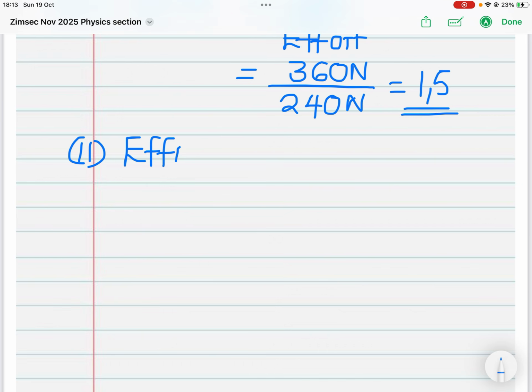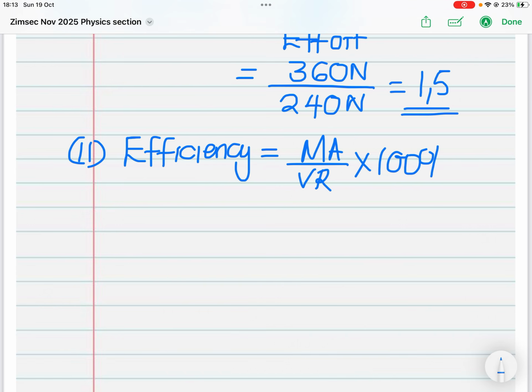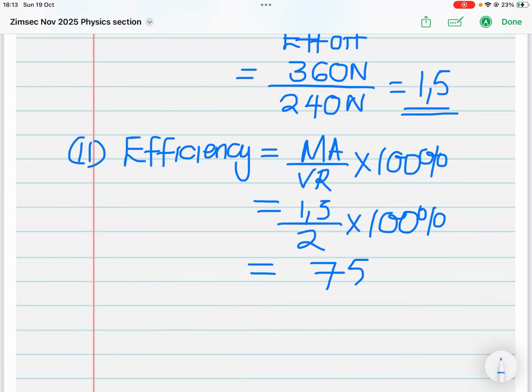The formula for efficiency is mechanical advantage over velocity ratio times 100%. The mechanical advantage is 1.5, the velocity ratio is 2. So we say 1.5 over 2 times 100%, and our answer is 75%. This is the efficiency.